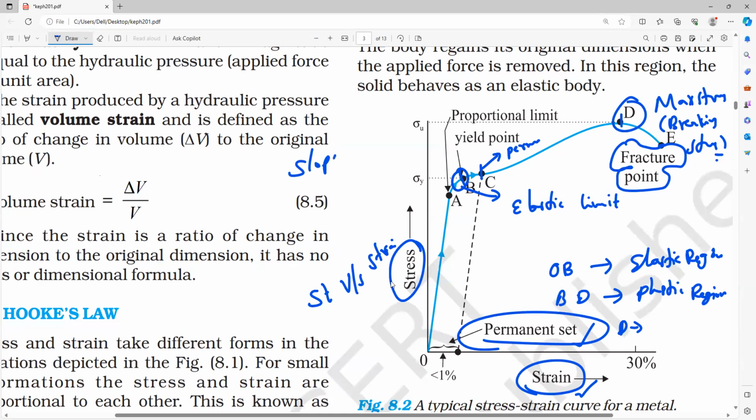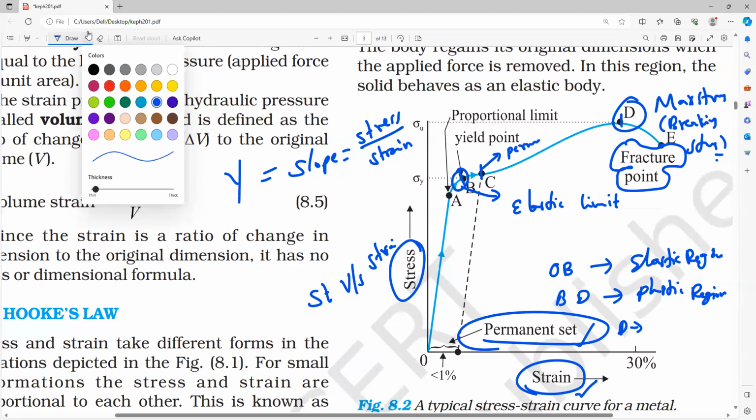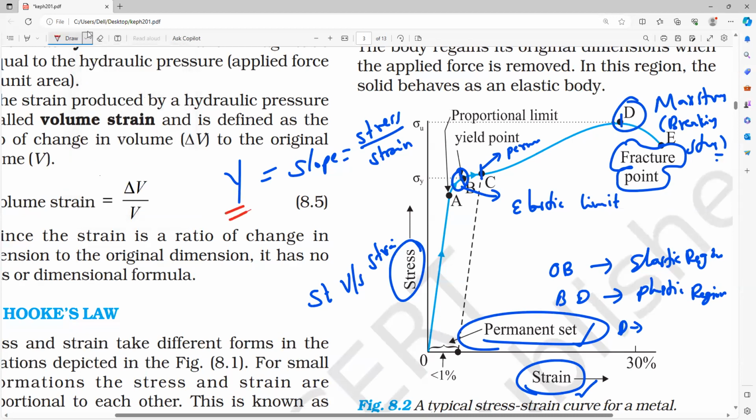The slope is equal to stress divided by strain. That is what we get as Young's modulus, or bulk modulus, or shear modulus, whatever it is, the modulus of elasticity. So modulus of elasticity is equal to stress by strain, which is equal to the slope.